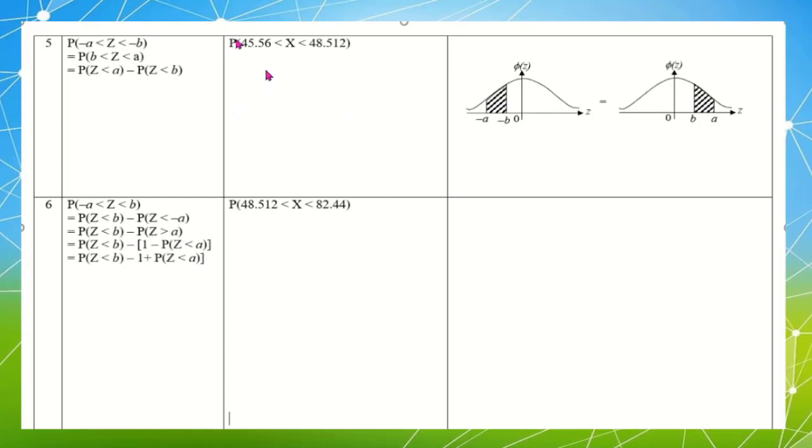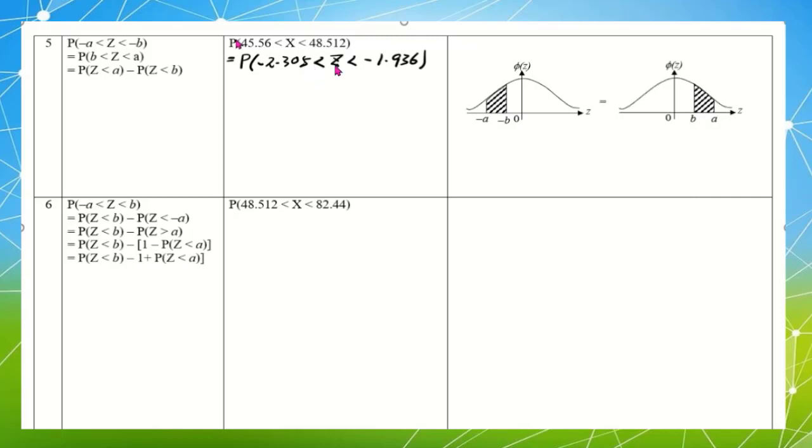Now example number 5. Here I want to find probability x greater than 45.56 and less than 48.512. So first I need to change x to z. After changing, I get z is greater than negative 2.305 and less than negative 1.936.